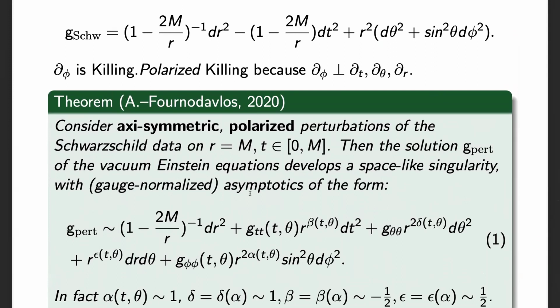Alpha will be close to 1 like it is in Schwarzschild, and beta will be close to 1 like it is in Schwarzschild, depending on alpha, and the remaining direction will expand like it does in Schwarzschild. The exponent will be close to the Schwarzschild one. There are some cross terms, but they will be smaller, they matter less. Okay, so that's the main result.